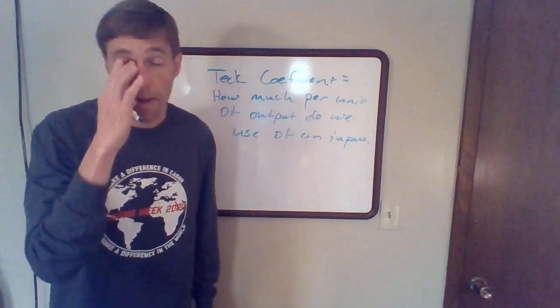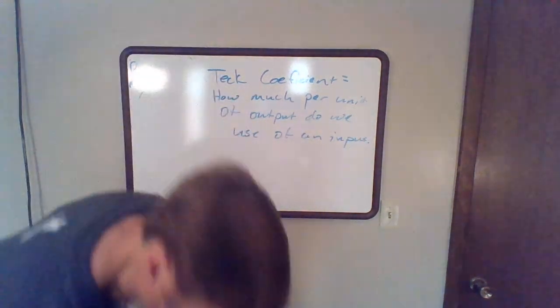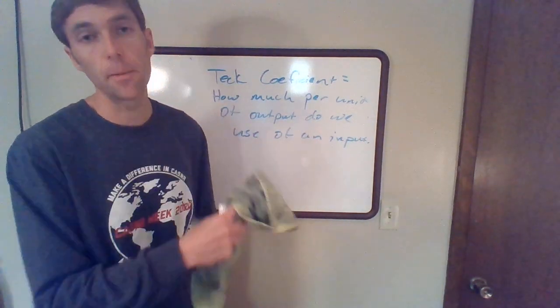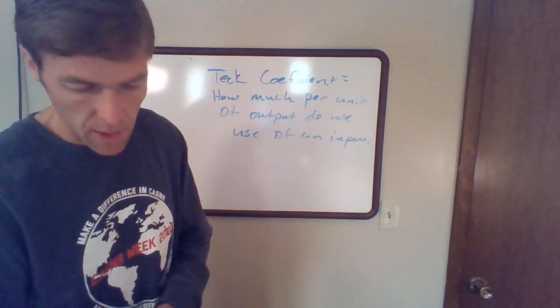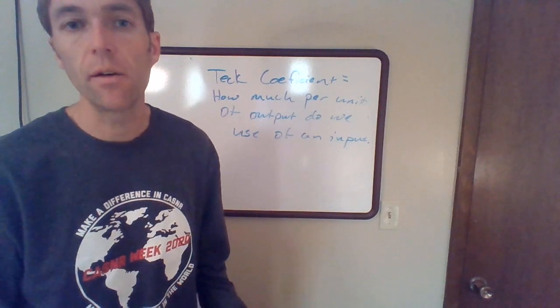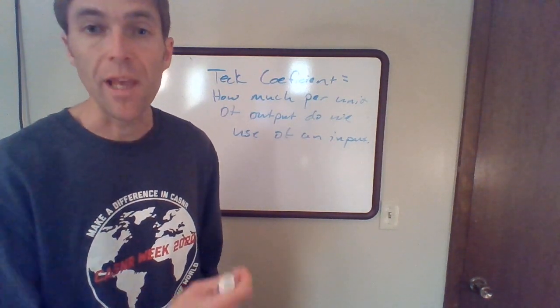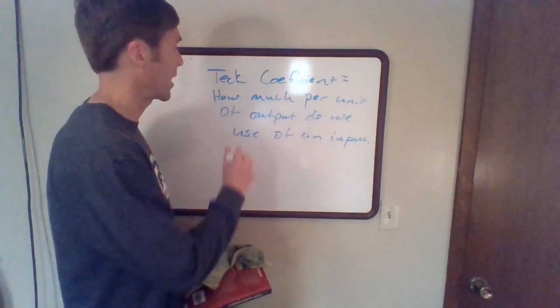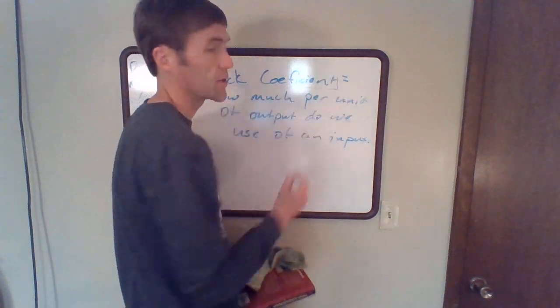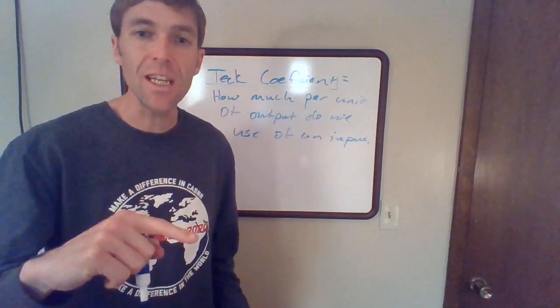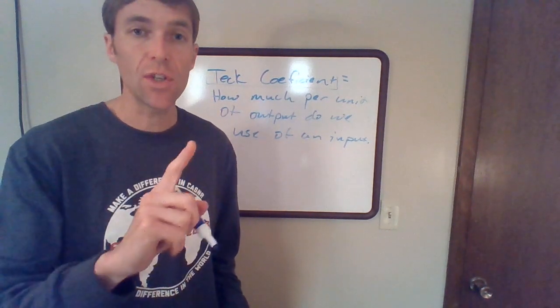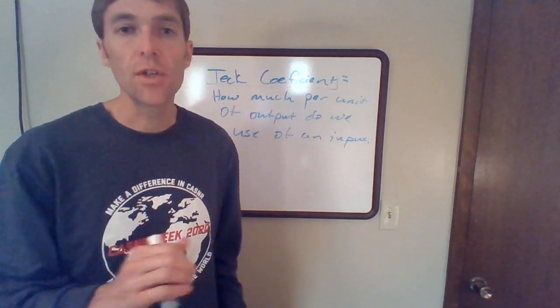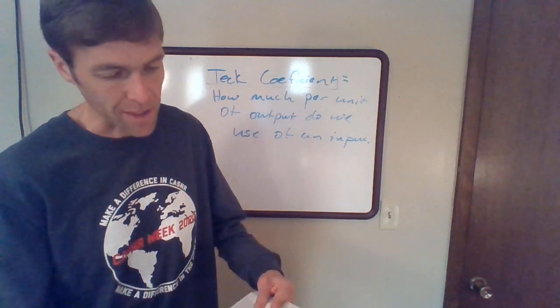Now I'm thinking that an example would be better than this definition. If we're talking about corn, for example, if our decision unit would be how many acres of corn are we going to plant, a technical coefficient is how much of each resource do we need to plant each acre of corn. So we can go to the enterprise budget.